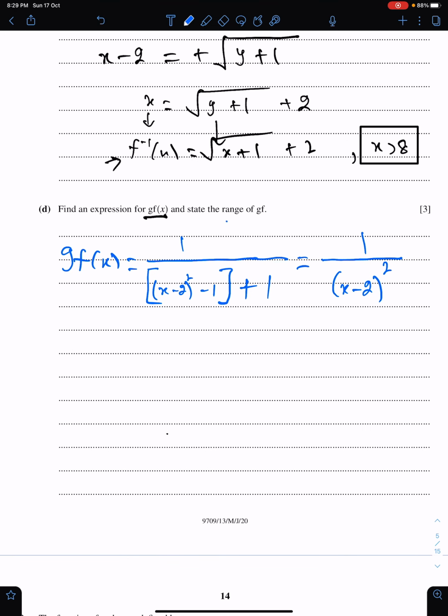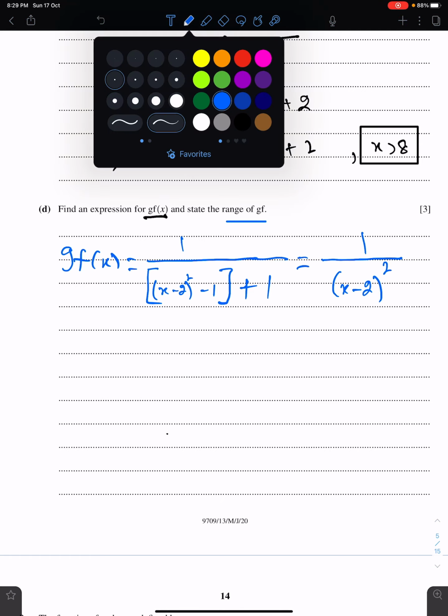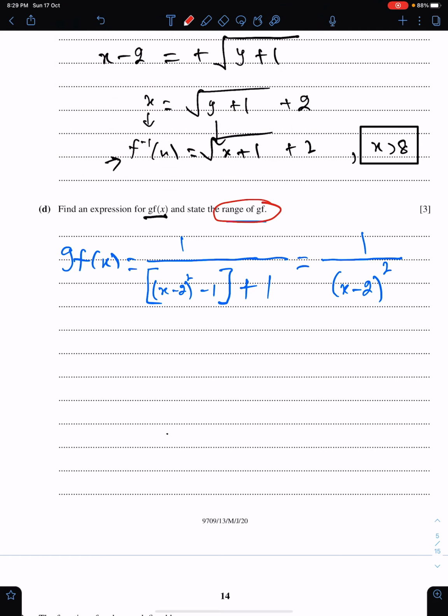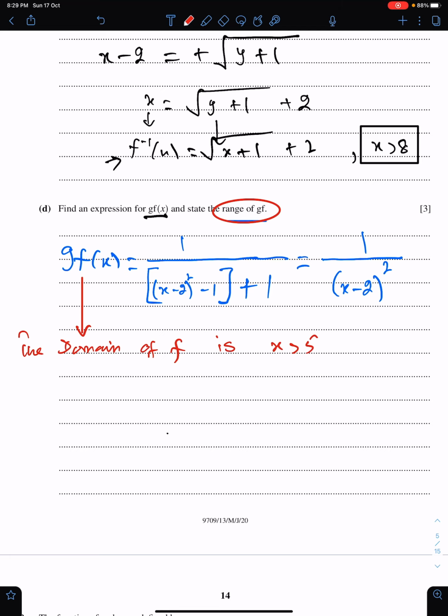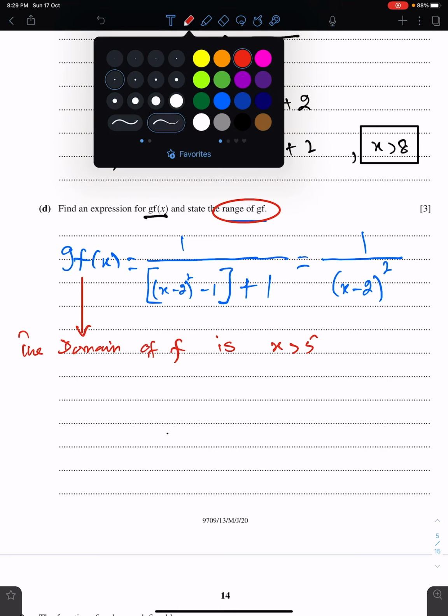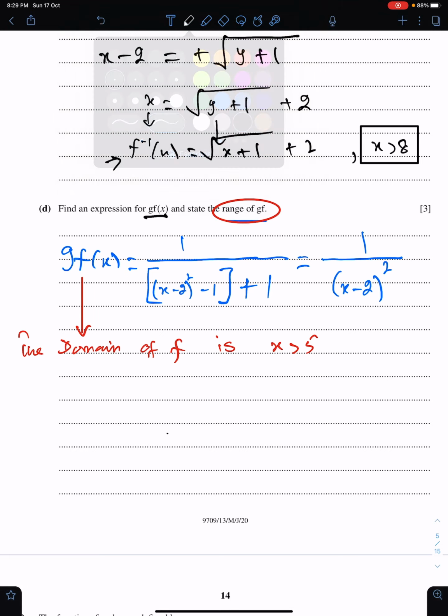Now we need the range of gf. So for the range of gf, we will use the domain of f. The domain of f is x greater than 5. And this x greater than 5 means x lies between 5 and infinity.